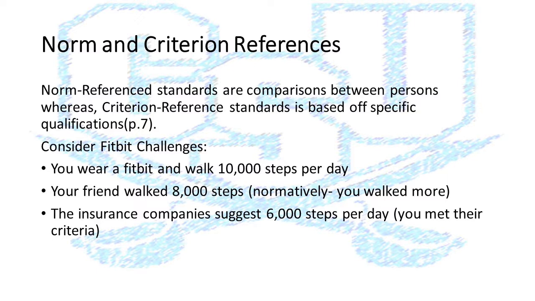But normatively, you're walking more than your friend, because your friend is walking 8,000 steps per day, so you get 2,000 more steps than your friend. But yet your insurance company gives you their packet of what they consider to be healthy and low risk, so they suggest that walking 6,000 steps is what they are looking for. So you met their criteria for their price breaks.